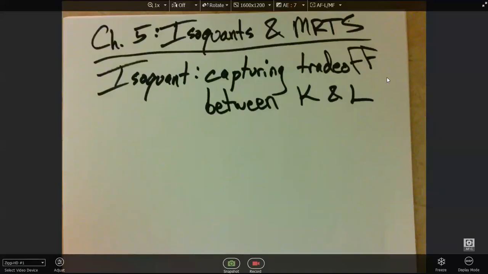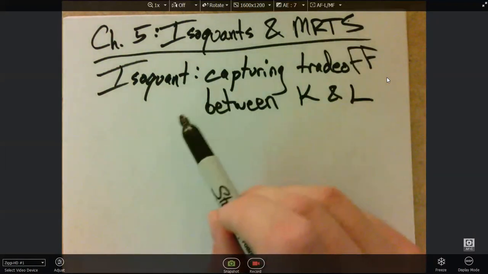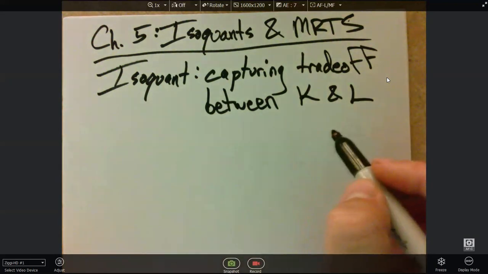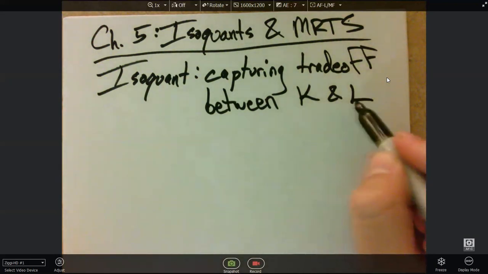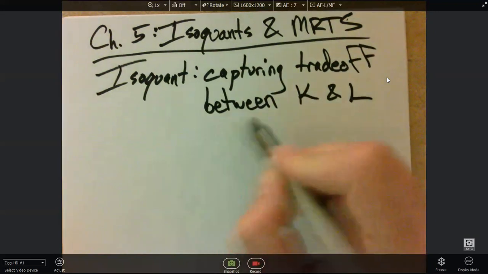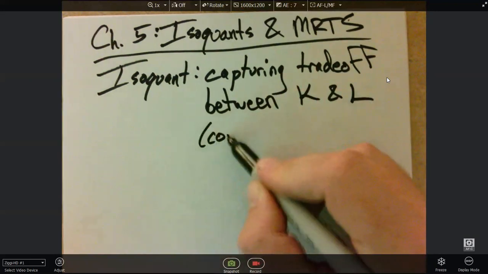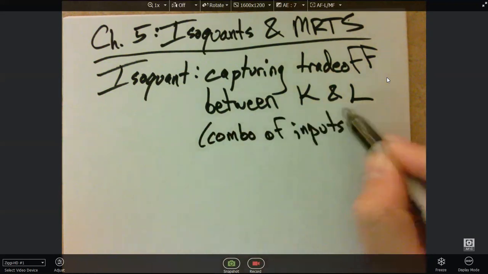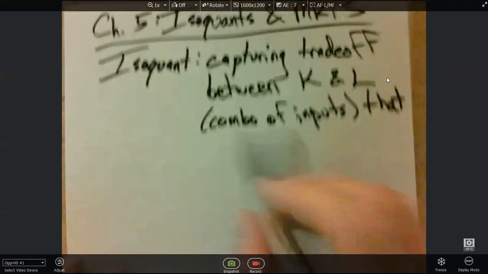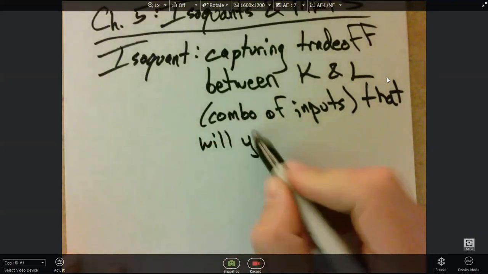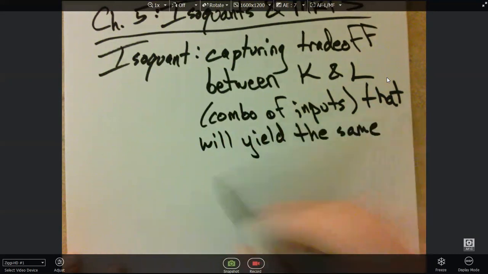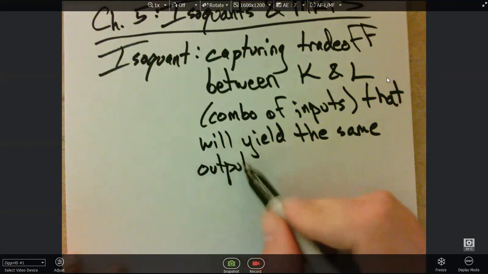All right, so we're finishing up chapter 5, isoquants and marginal rate of technical substitution. Isoquants, remember, capture the trade-off between two things, and this chapter is specifically the combination of inputs, capital and labor, that will yield the same output in the long run.